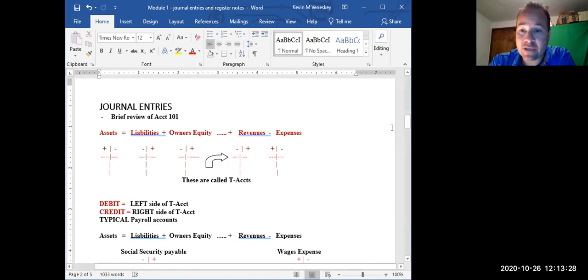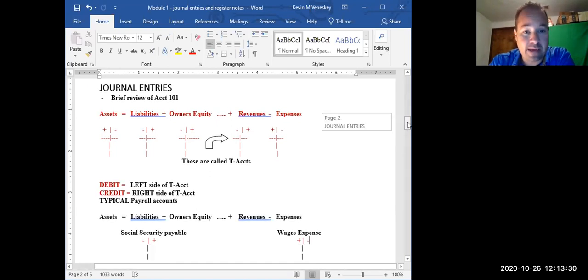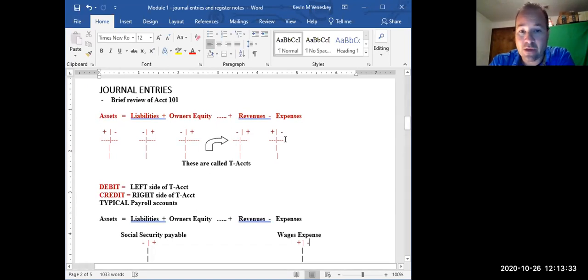All right, so going back to Accounting 101, if you've had Accounting 101, this is something you should definitely recognize, the accounting equation. The accounting equation in long form here is assets equals liabilities. So assets are on this side of the equation, the left side. So everything on this side has to equal whatever the assets are.